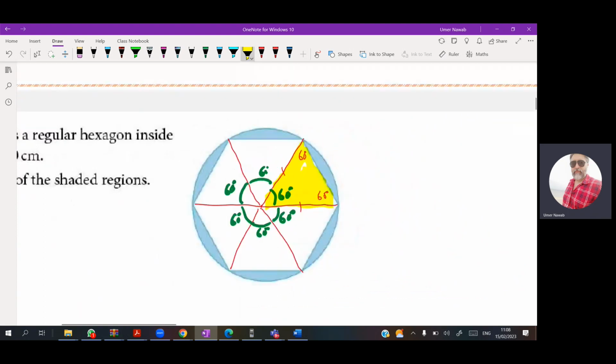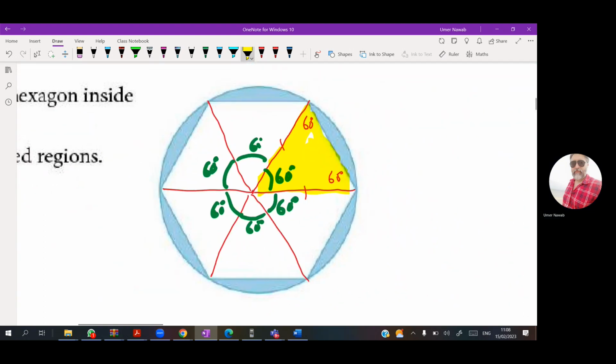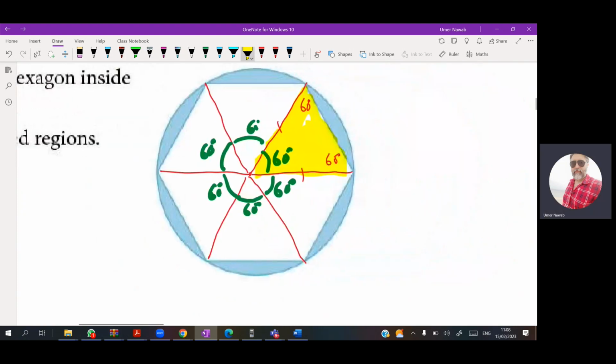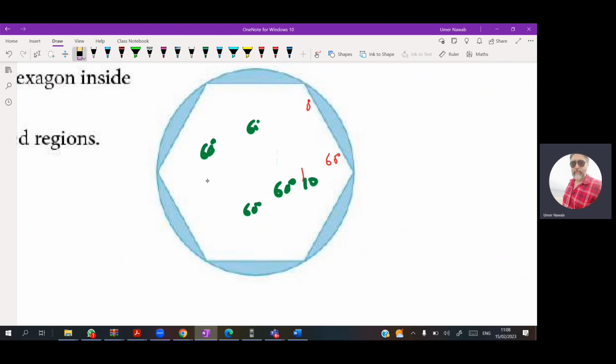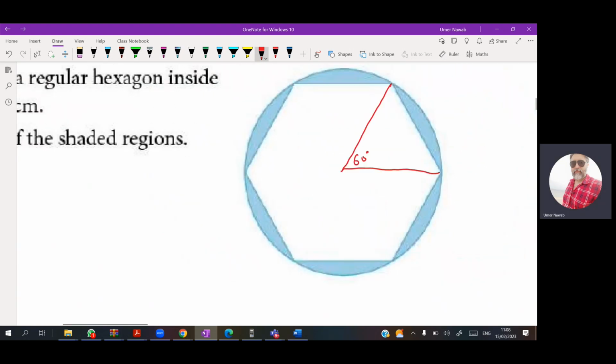Did he provide us the radius? Yes, the radius is 10 centimeters. I'm going to say that this is 10, this is 10. Let me erase everything now because I have explained. I'm going to focus only on one equilateral triangle. This is 60 degrees and the radius is 10.